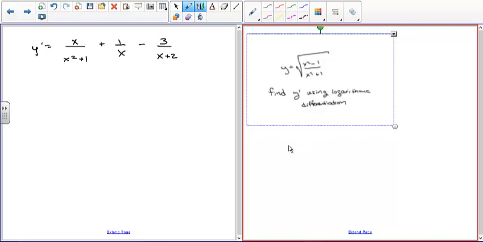So let's go ahead, and the first step is just to take the natural log of both sides. And then simplify the right-hand side using the properties of logarithms.